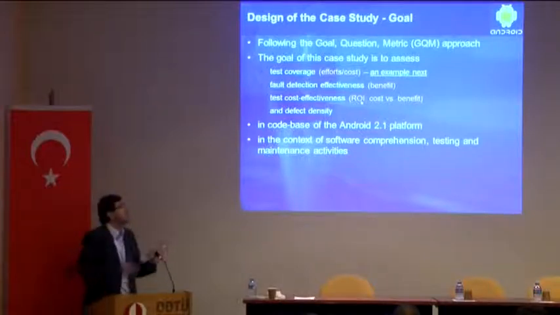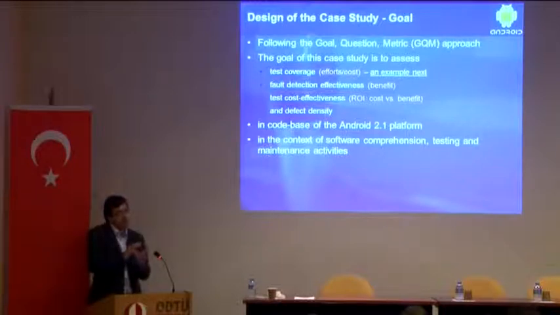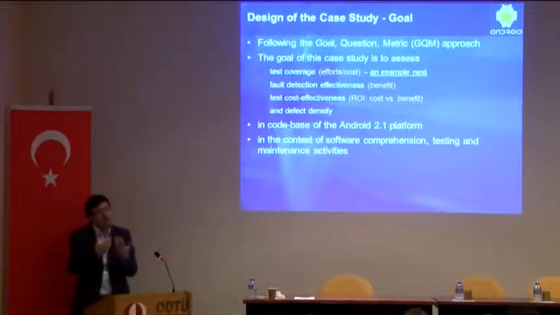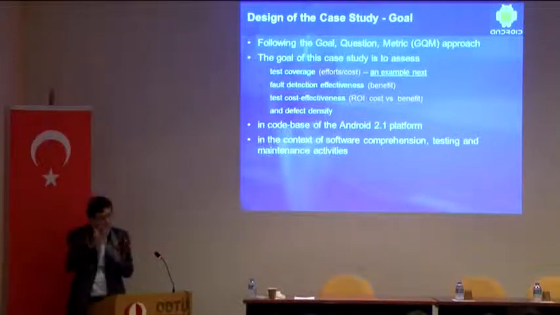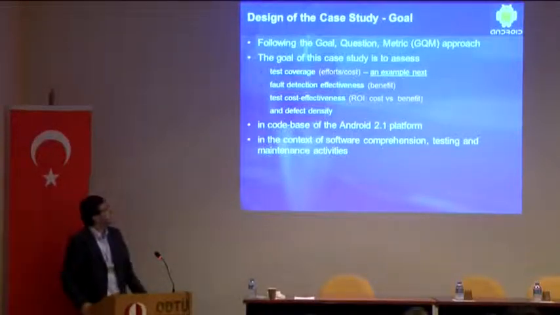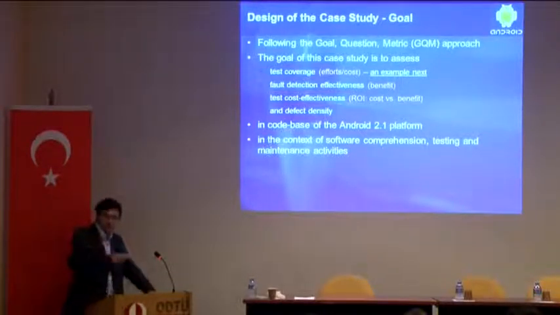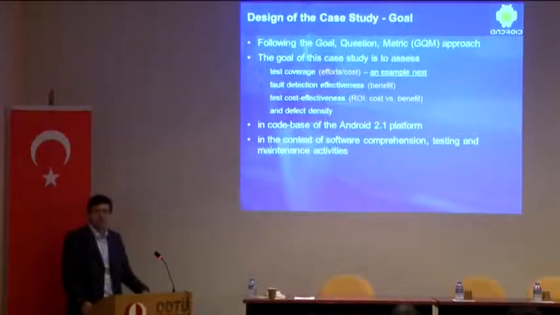So if I write this many tests for this particular package, and I write some others for other packages, how do they compare with one another in finding faults? The last one was defect density, which is defined as the number of defects per kilo line of code, so how many defects you have for different packages in terms of density.